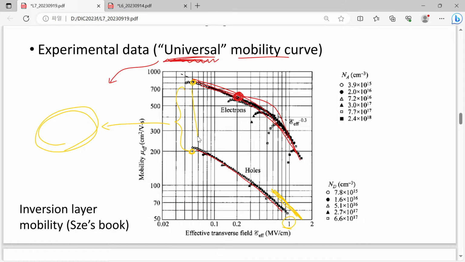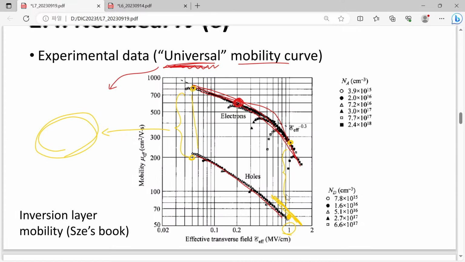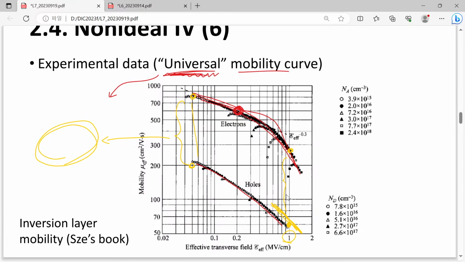In this case, 4 times larger. And in this other case, this is about 60 and this is about 200-something. So there is still a 3 or 4 times difference in their mobility curves. So electron mobility is much higher than hole mobility.